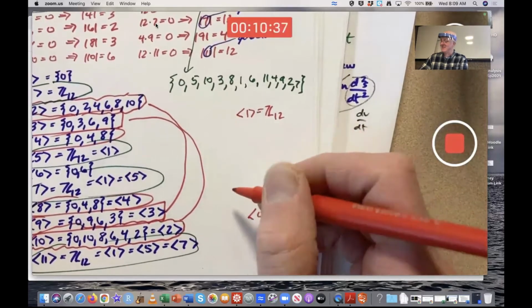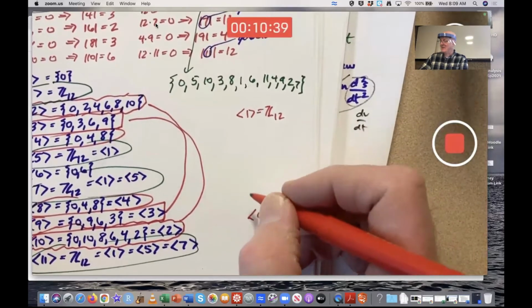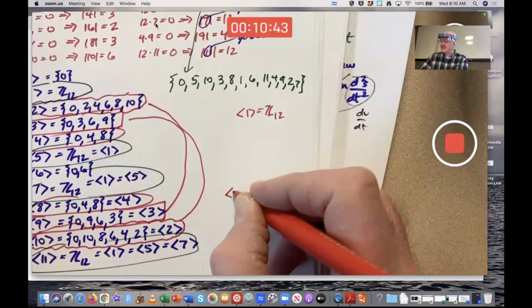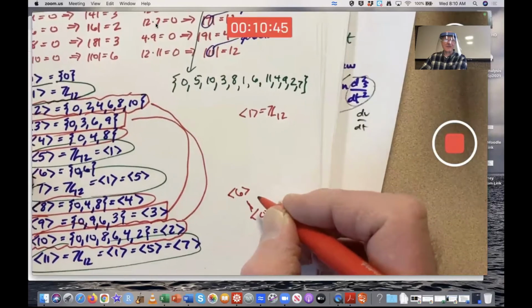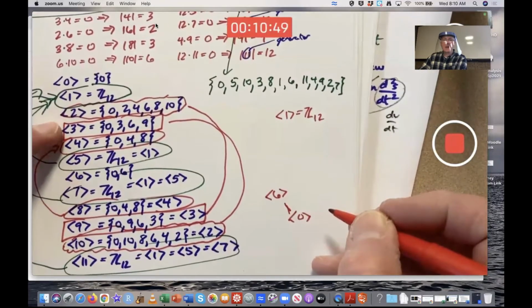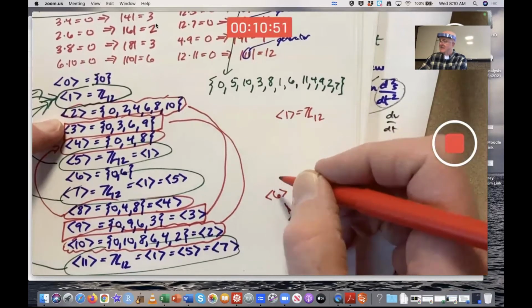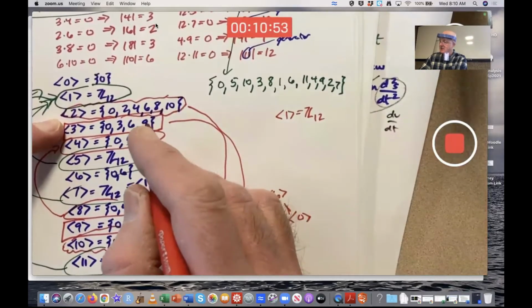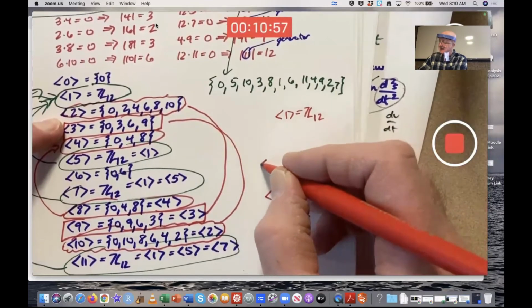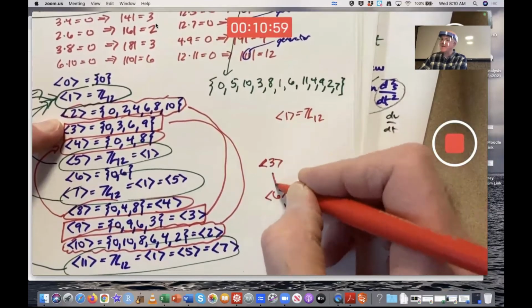If that makes sense. So for example, 0 is a subgroup of the cyclic subgroup generated by 6. That one there. That's a subgroup of the cyclic subgroup generated by 3. Like that.